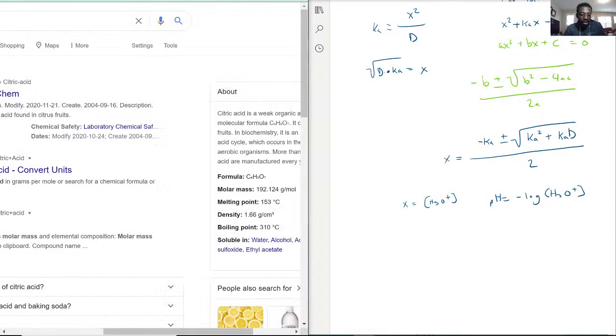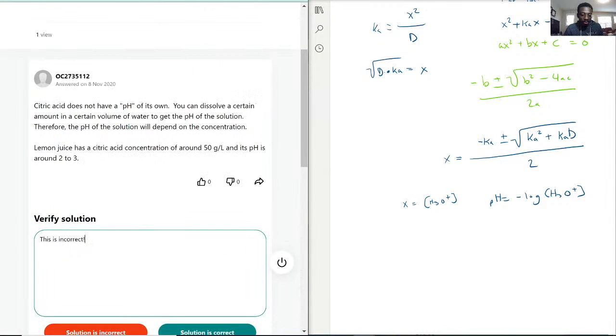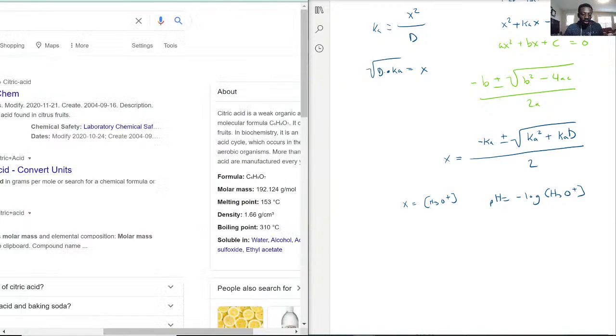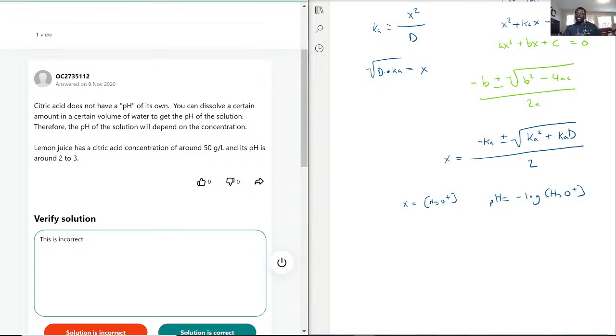So citric acid is 192.124 grams per mole. When they said 50 grams, it's 50 divided by 192.124, that's about 0.26 moles per liter. So now we have our concentration, it's 0.26.